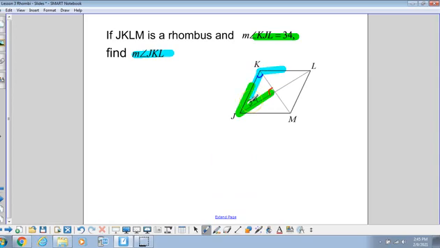We know that the angles in a triangle have to add up to be 180 degrees. So we could use our 34 and our 90, and we could subtract, and we would get that our angle right here is 56. That's only half of it. JKL is the whole thing. If this is another 56, the angle JKL would be 112 degrees.